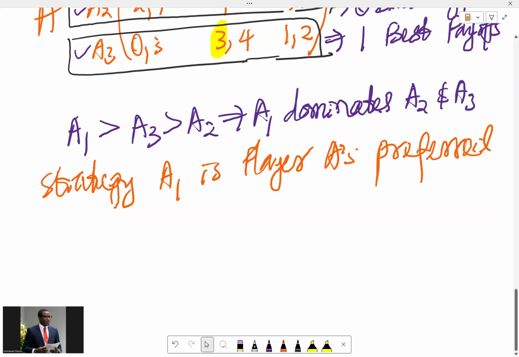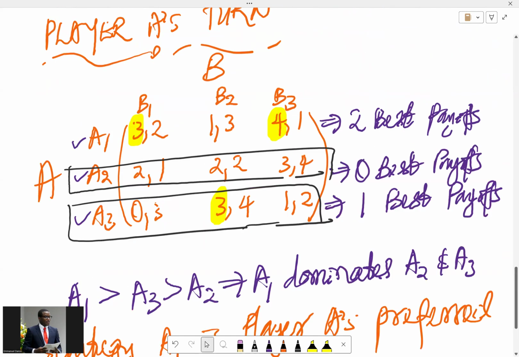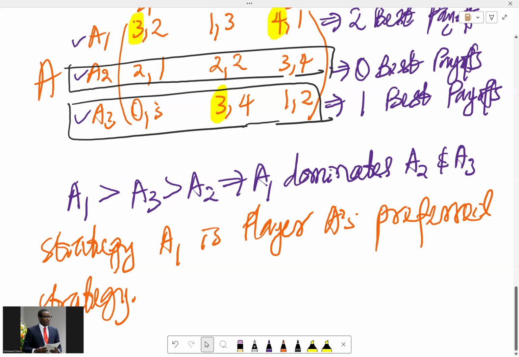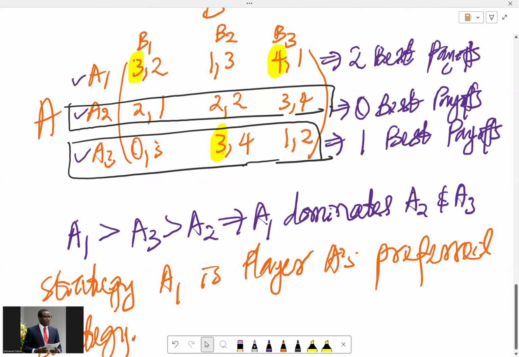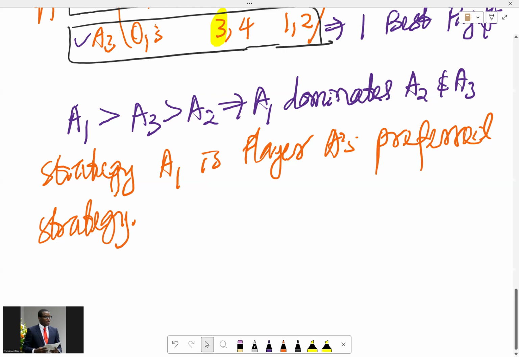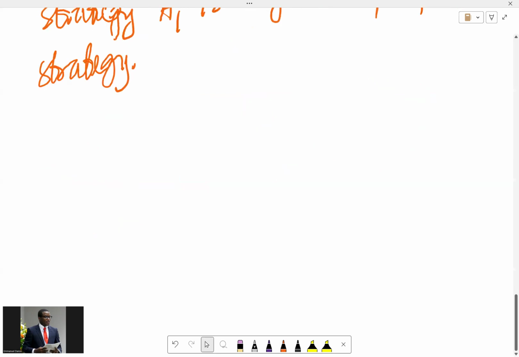So that is player A's turn. We have played player A's turn. We know A1 is player A's preferred strategy. No matter what B does, A1 is the best. Then let's go and do the same for B now.